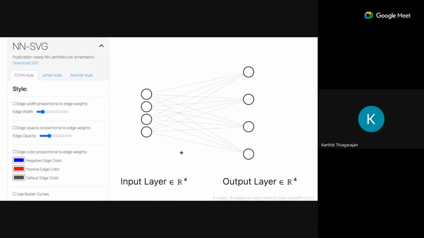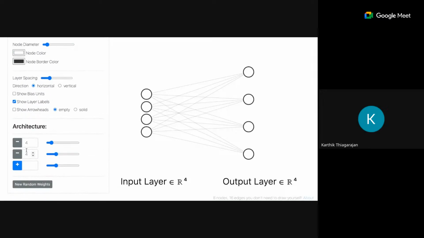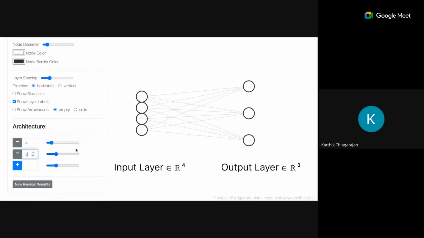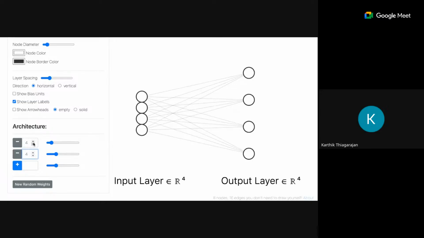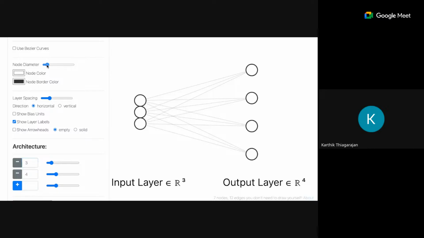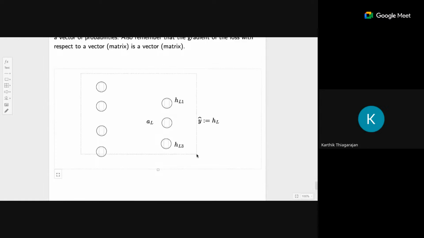Okay, so we'll be using 1, 2, 3, 4. 1, 2, 3, 4 is maybe too confusing. Let's make this 3, or something like this. It will become clear what we are trying to do. So let's copy this and move over to this.